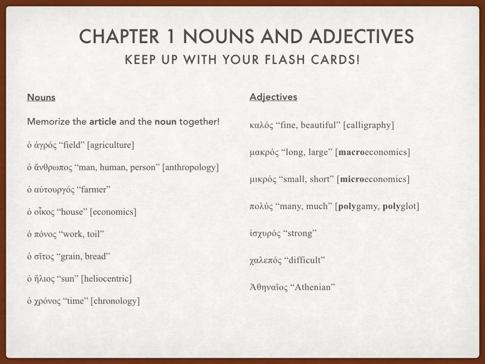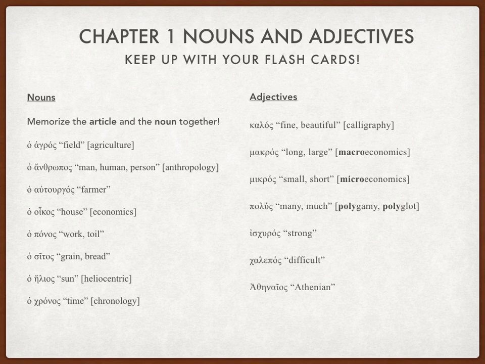Okay? So this gets us to the last bit of vocabulary for this chapter, and this is important. You want to keep up with these on your flashcards. So the nouns that you need to know for this chapter, I'm going to go through them one by one. As you write these down on your flashcards, it's important to remember to write both the article and the noun.